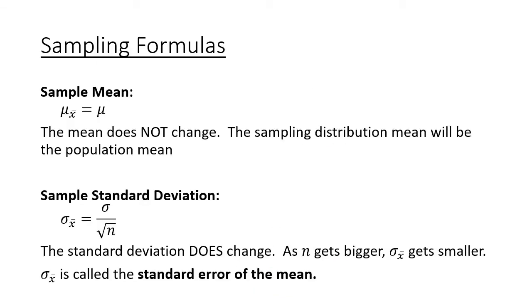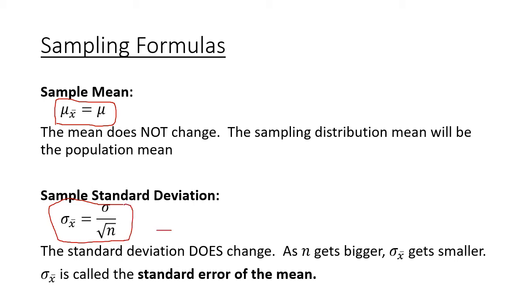So our important formulas. For the sample mean, that mean doesn't change. Like I said, if you took the average of all of the averages, you'd get back to what the population one is. So fairly straightforward: your sample mean is equal to your population mean. It's the standard deviation formula where we need to make a little adjustment.